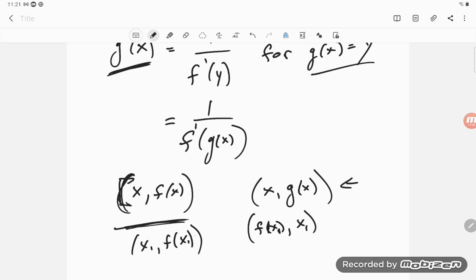Okay, and so admittedly, I think it can be hard to keep track of at times with the inverse functions.